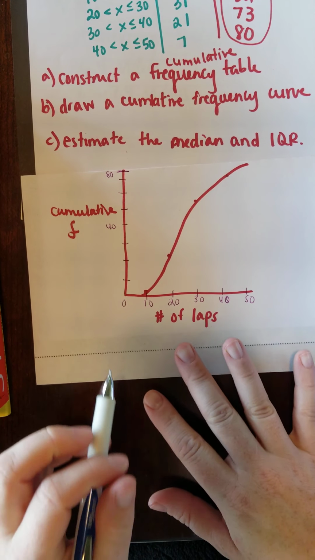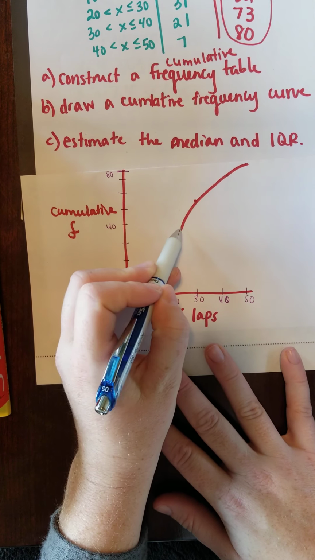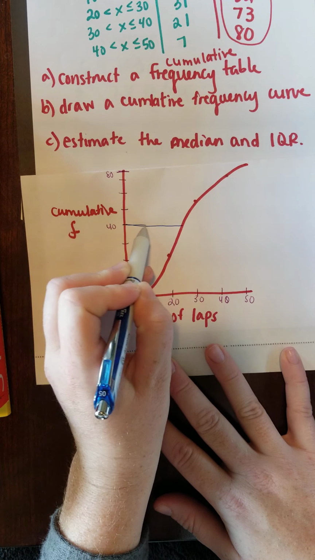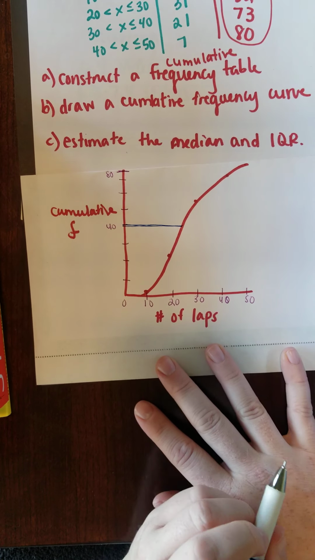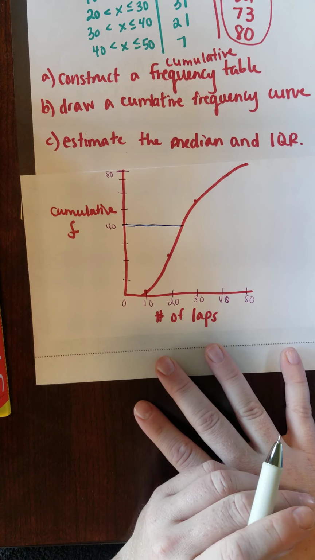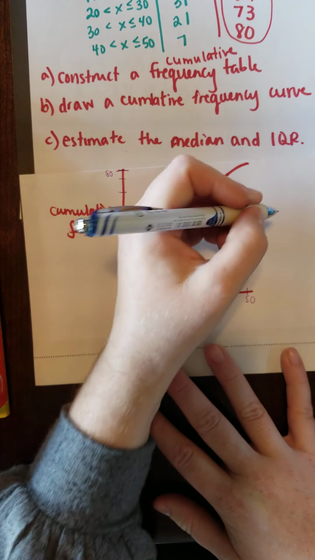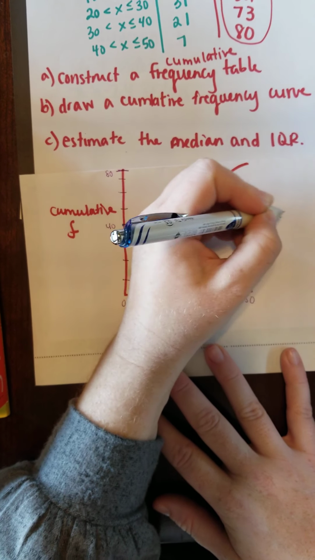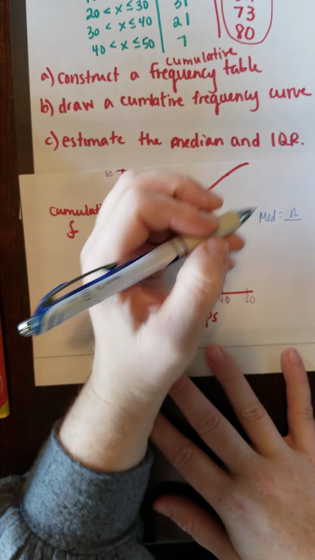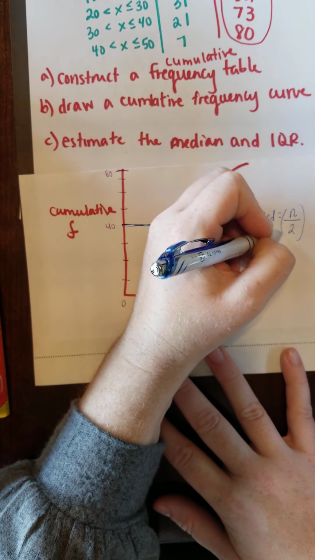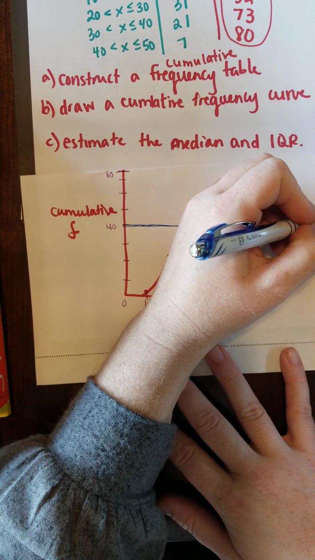I'm going to start with the median. The median is going to be right at 40. So what I'm doing here is taking my number of values. The median is my number of values divided by 2. In this case, it is 80 divided by 2.